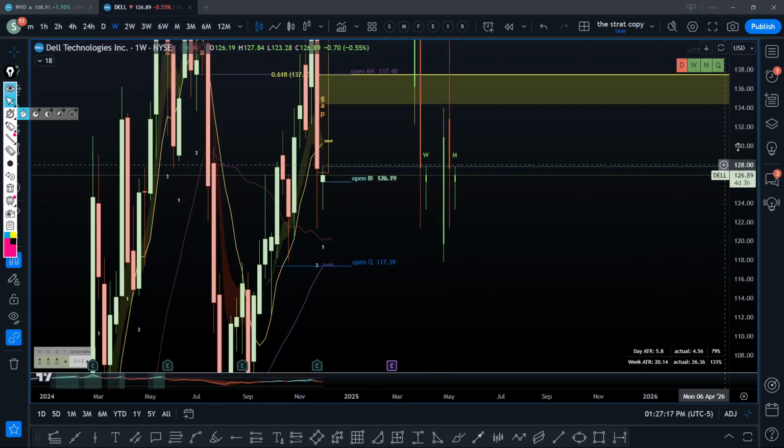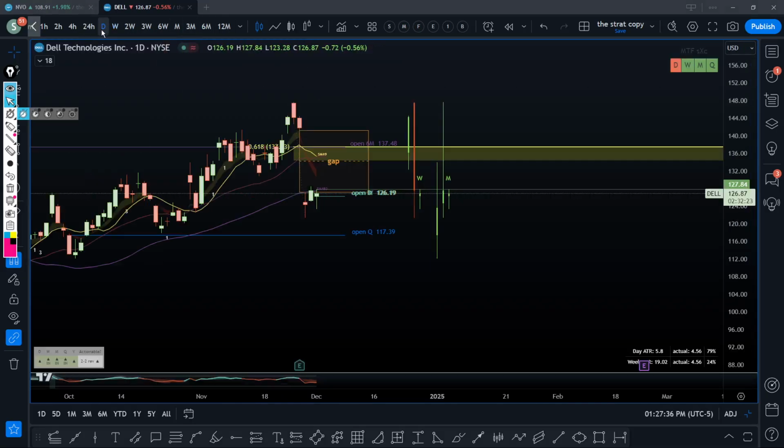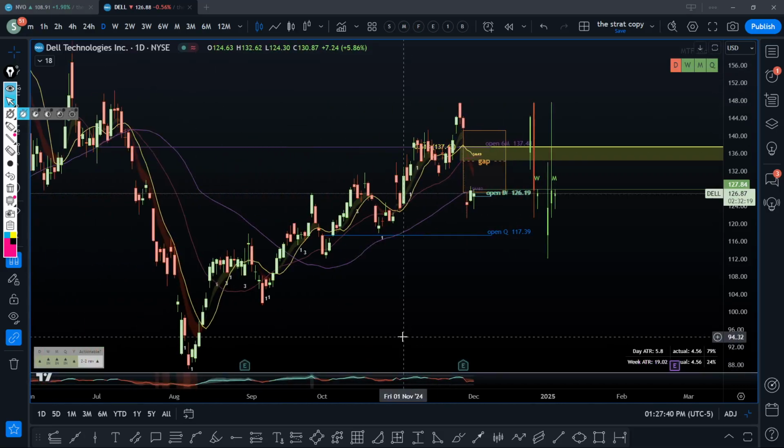On the week, we have an inside candle towards the lower range of the previous candle. This could stay inside for a relatively long time because the magnitude on this three candle that it's inside is really high, most likely because of earnings last week. But in the long term, I'm liking Dell.